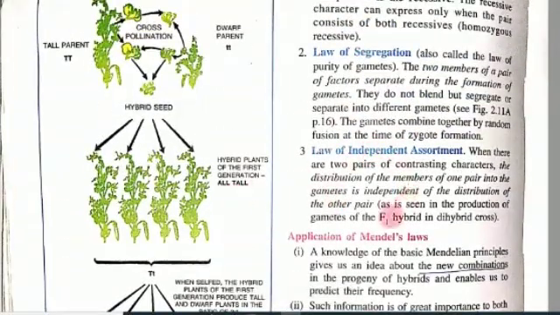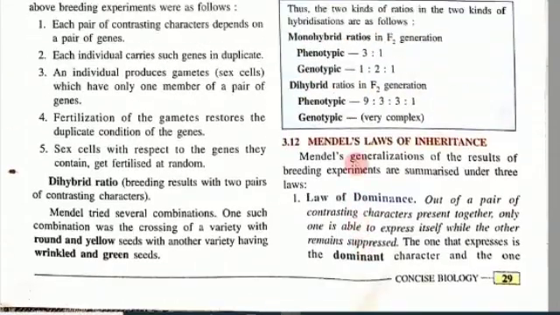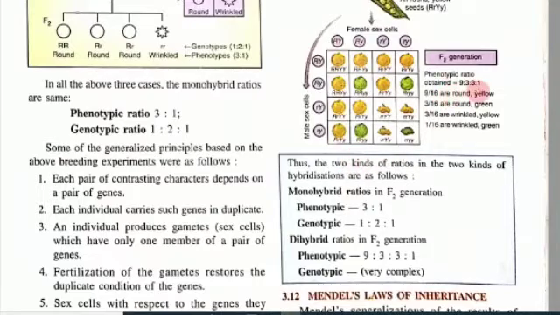The law of independent assortment: when two pairs of contrasting characters are considered, the distribution of the members of one pair into the gametes is independent of the other. In a dihybrid cross, the offspring are completely reassorted. We use two parents, round yellow and wrinkled green, but we get four types of offspring: round yellow, round green, wrinkled yellow, wrinkled green.